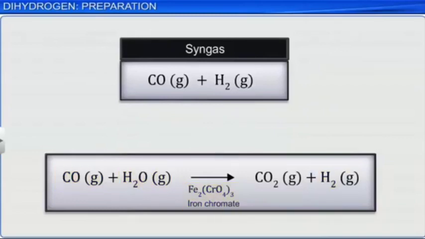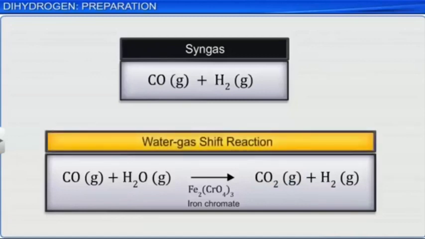The reaction produces a mixture of carbon dioxide and dihydrogen. The carbon dioxide produced is removed from the mixture by scrubbing with sodium arsenite solution. This reaction is known as the water gas shift reaction.